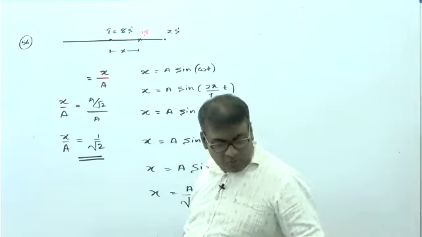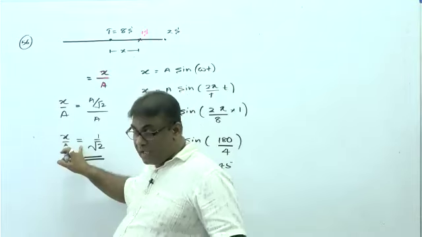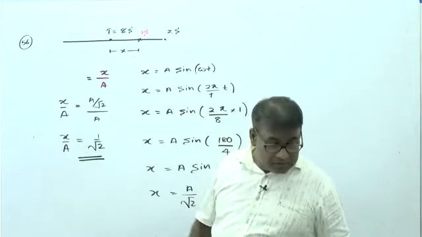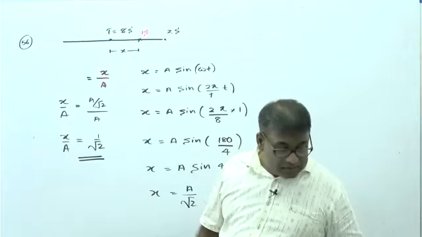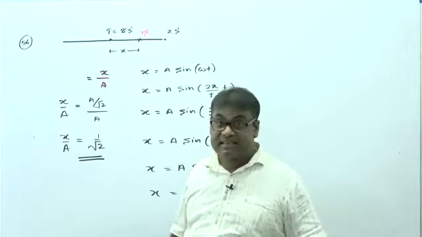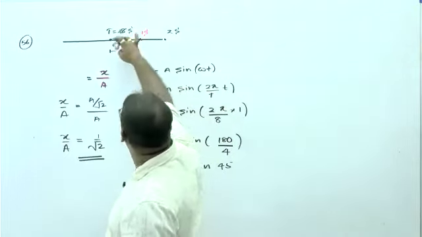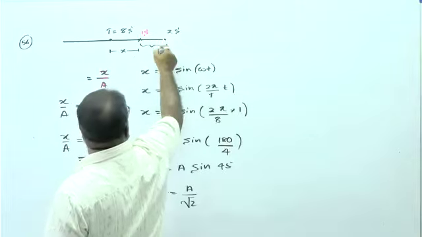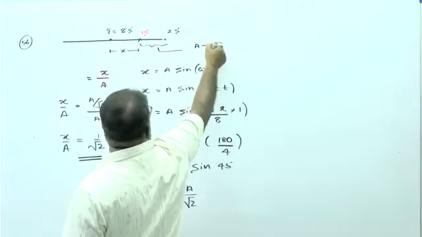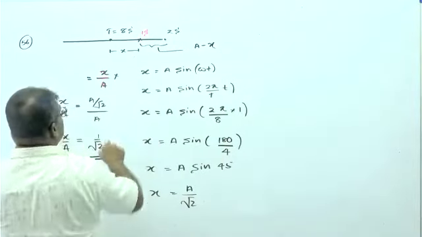Then this answer is wrong, no? This won't be the answer. Reason? They have the first second and the second, right? In the first second, this one. In the second is this one. No? It should be a minus x. Then this ratio is wrong.